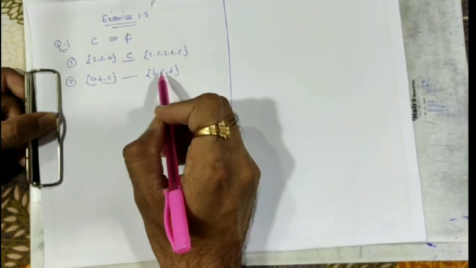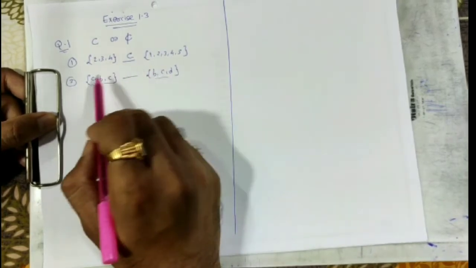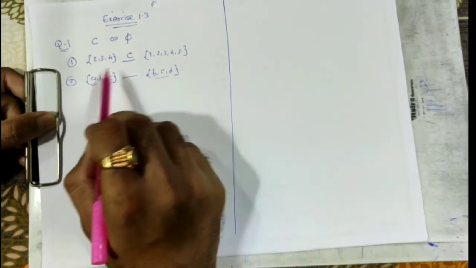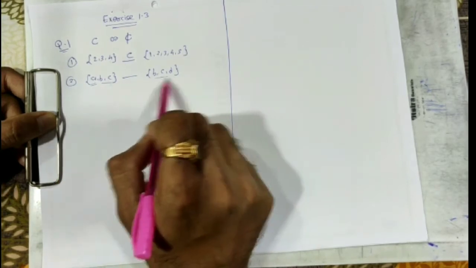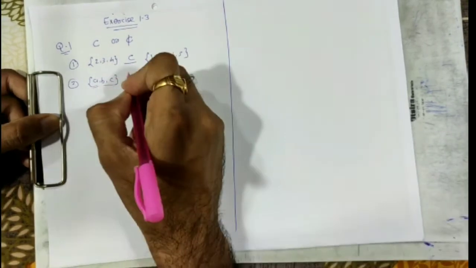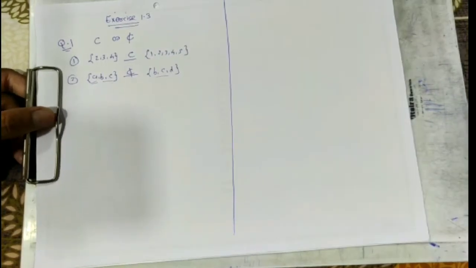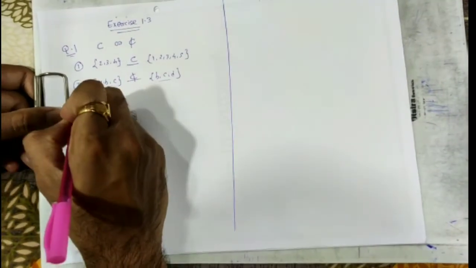The condition is that all the elements must be elements of the given set. Then and only then we can say that this set is a subset of that one. So here this is not a subset of the given set. Done. Third one.